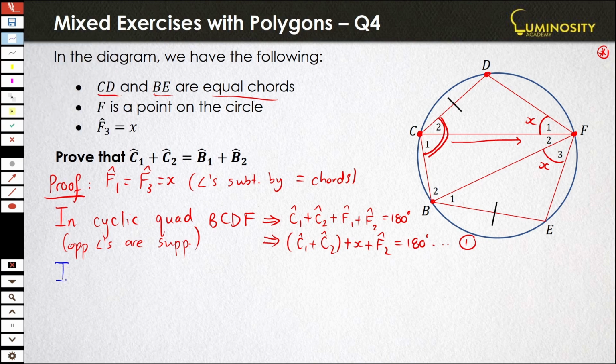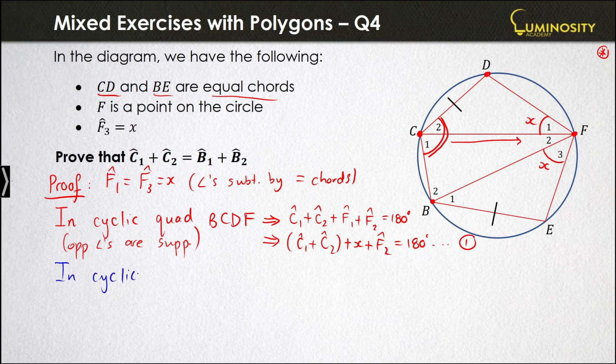Next, I'm going to look at a different cyclic quad, a cyclic quad that has angle B1 and B2 in it.